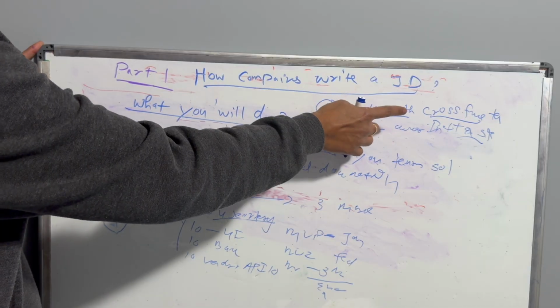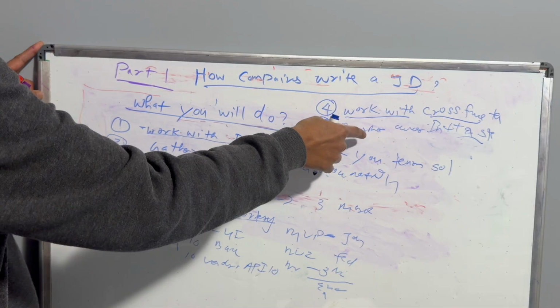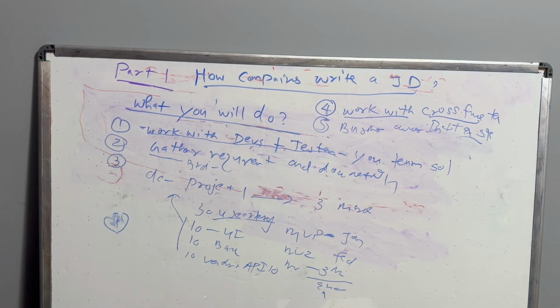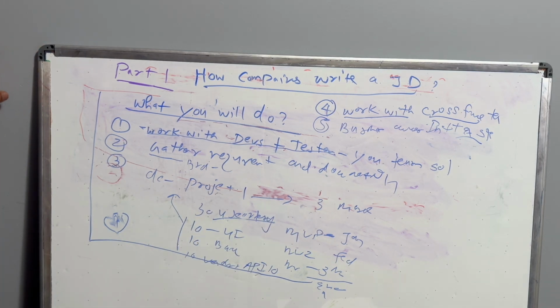Number 4, work with cross-functional team members and with internal and external stakeholders, right? So this section tells us how the role operates daily. These are the day-to-day tasks. Okay.